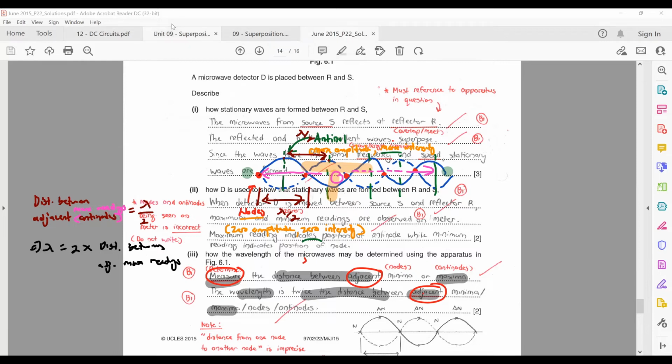Okay, so the next one that we can do while you're copying the answer is page 1, question 28. You can have a look at page 1, question 28, right?